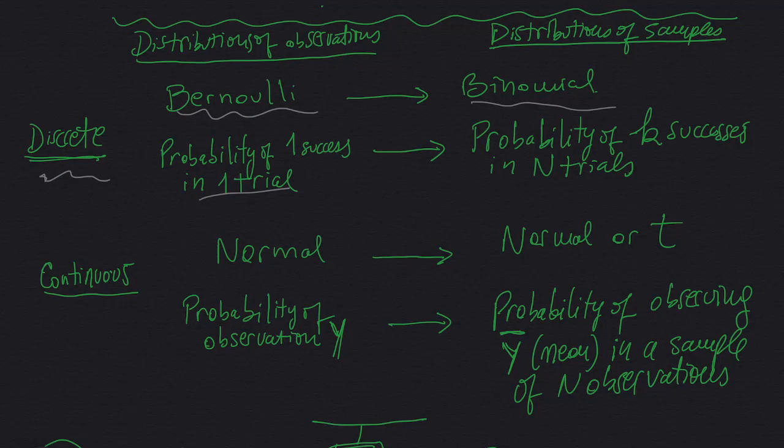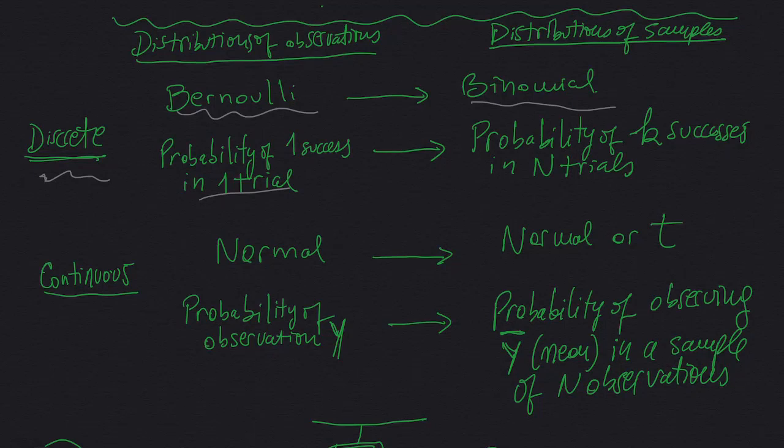So if we have more than one trial, we can apply one Bernoulli distribution for each of the trials to determine what's the probability of success in each of the trials. But it's a bit cumbersome to use so many Bernoulli distributions. So instead of that, we use a binomial distribution, which is an expansion of the Bernoulli distribution.